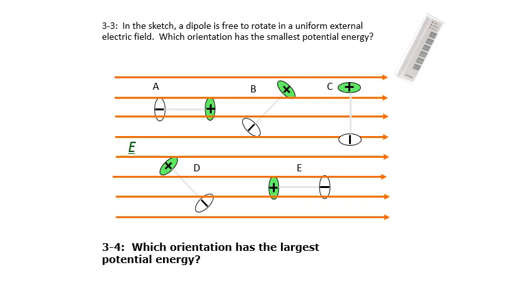We have discussed in the previous slide that the energy will be smallest when there is no torque, or the dipole is in the direction of the electric field, so that no change will be observed.